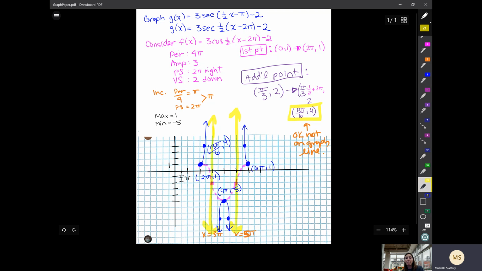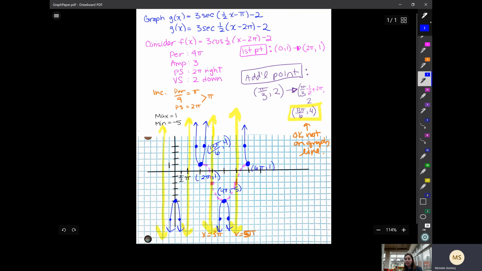And then I'm going to continue this to make another asymptote. So I'd have my other asymptote here at pi. I'd also have my next asymptote at negative pi, and you would graph as much as you need. So we'd have the other symmetry point here, just like that. And then I can do the same here and graphing my points accordingly.